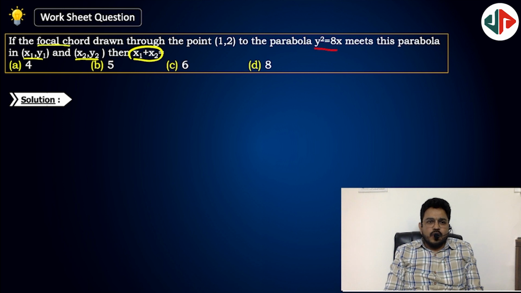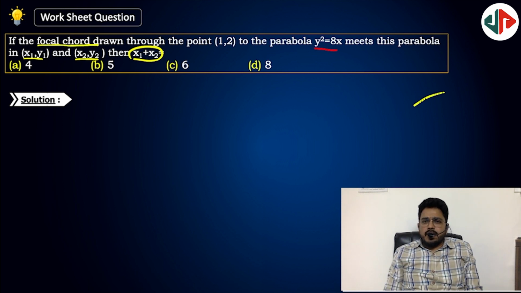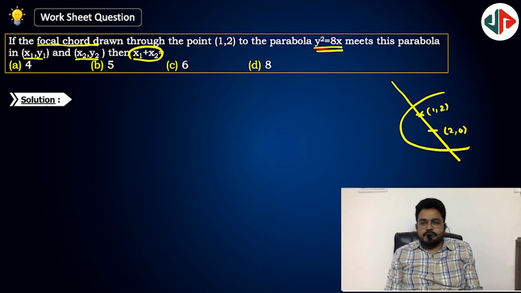It is a focal chord. So, if this is a parabola and a chord through 1 comma 2, maybe internal, external, doesn't matter. Actually, it is going to be internal. What is the focus? a comma 0, a is 2, so 2 comma 0.